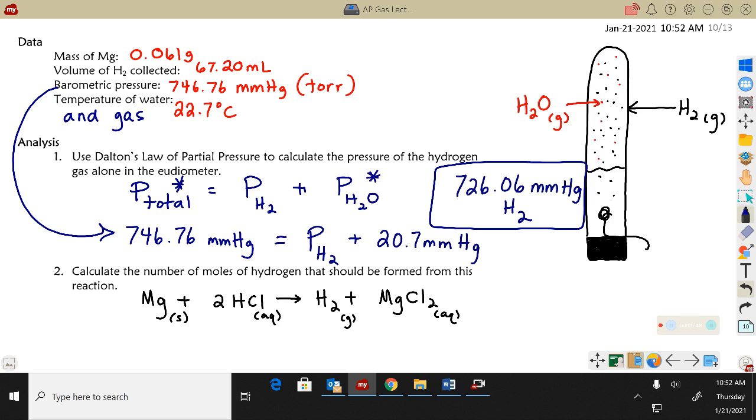Alrighty, so we're going to do stoichiometry. We have the mass of magnesium, 0.061 grams of magnesium. And we used a small amount of magnesium and approximately 10 milliliters of hydrochloric acid.